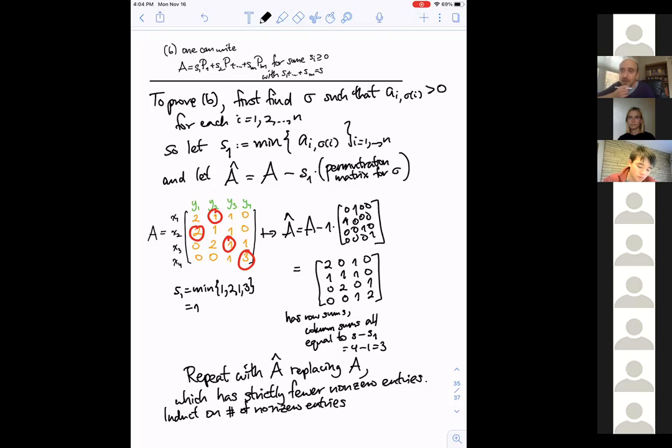The inductive hypothesis is what we need to conclude it for A.